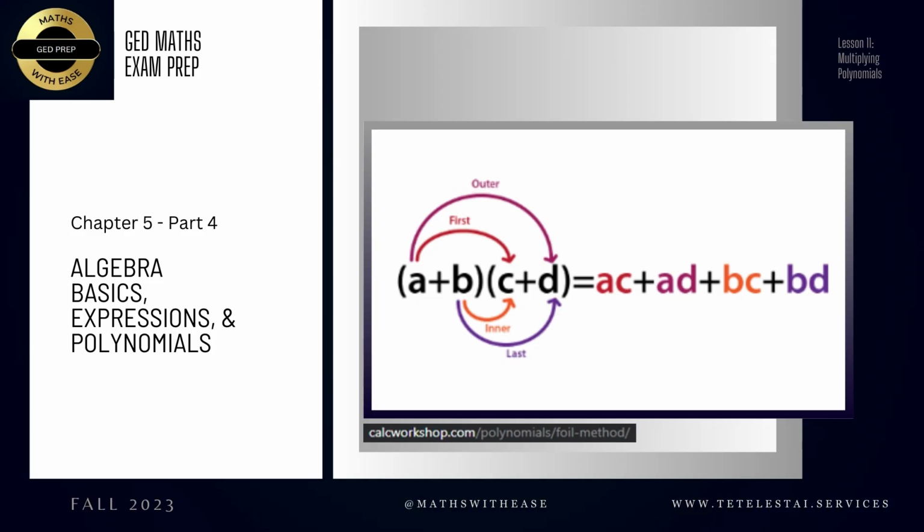And then you multiply B by the last term, or whatever is left over, and that gives you BD. And so this entire expression, AC plus AD plus BC plus BD, is the answer to us multiplying two binomials together, okay? And this method is known as the FOIL method, and this is the method that you should always apply when you're multiplying polynomials.